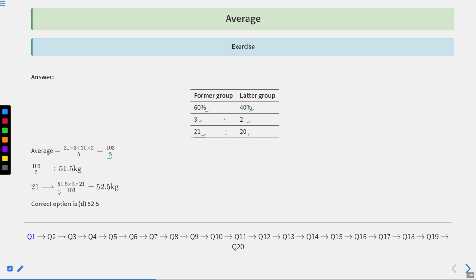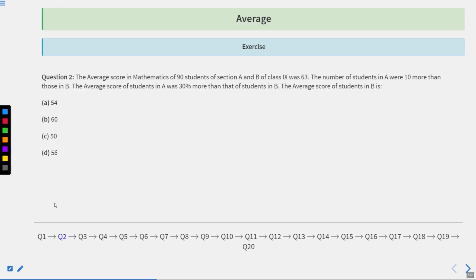Correct? So, now the required average for the former group will be 51.5 into 5 into 21 upon 103, that is 52.5 kgs. So the correct option here will be option number D, 52.5 kgs.